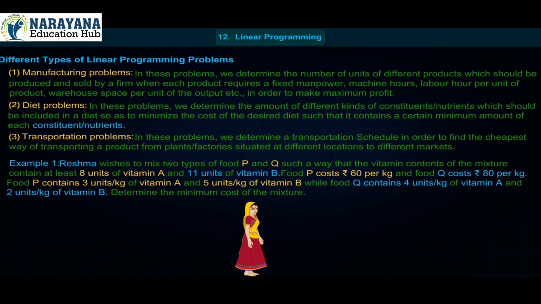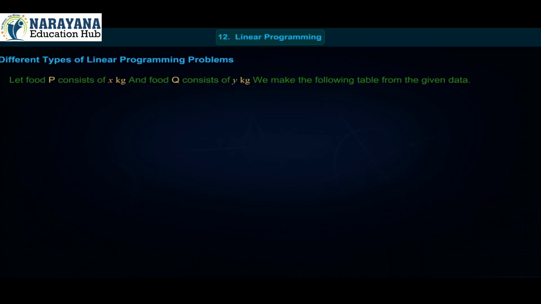Food P contains 3 units per kilogram of vitamin A and 5 units per kilogram of vitamin B, while food Q contains 4 units per kilogram of vitamin A and 2 units per kilogram of vitamin B. Determine the minimum cost of the mixture.